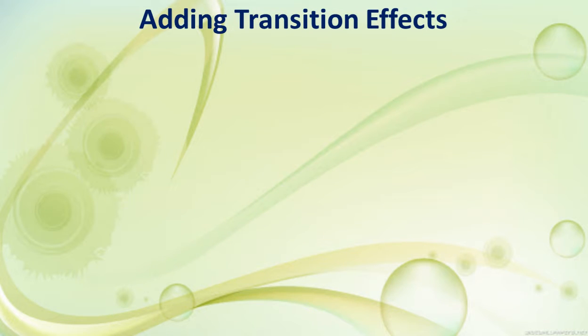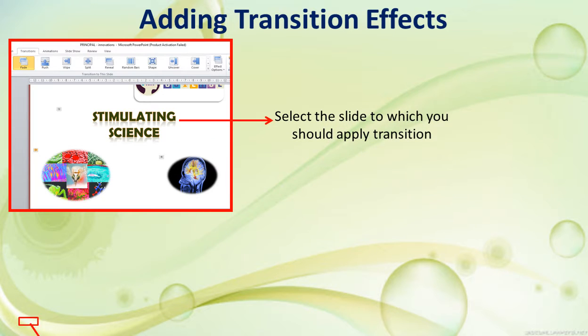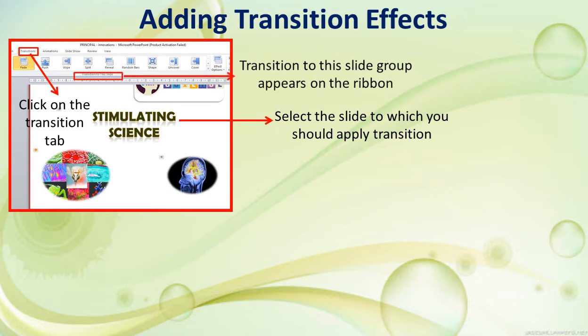We will now learn to add a transition effect. To do this, the first step is to select the slide for which you would like to apply a transition. The second step is to click on the Transitions tab. The third step is that you will see the Transition to This Slide group appear on the ribbon.